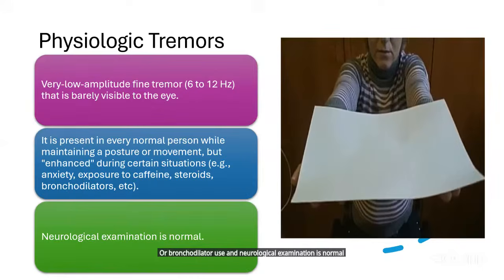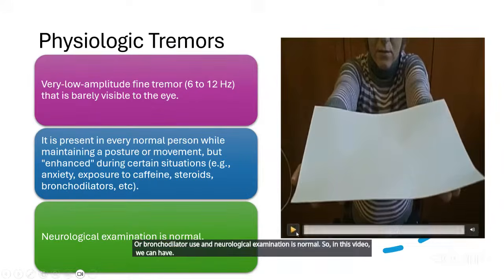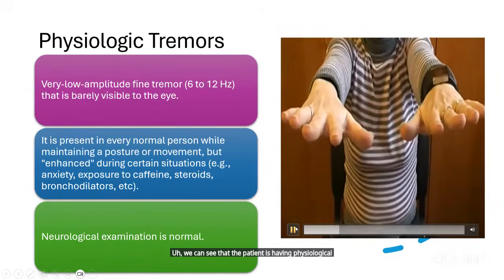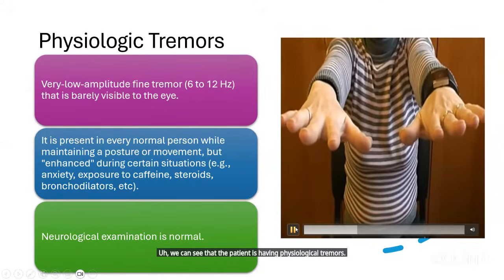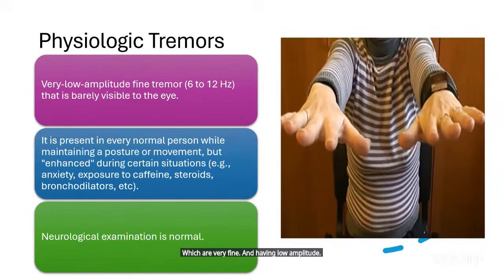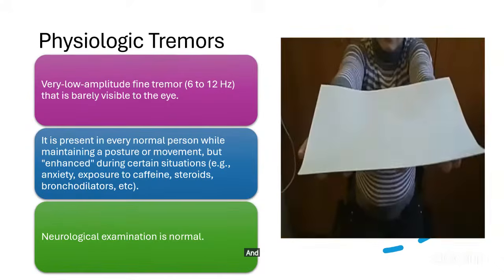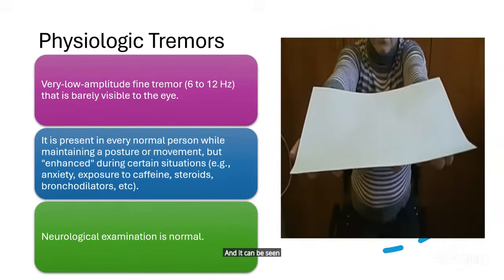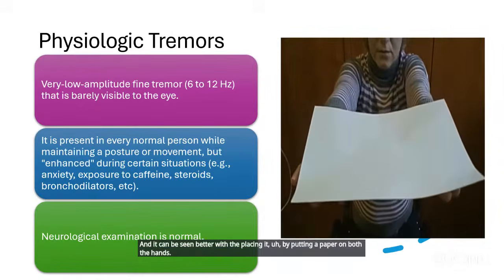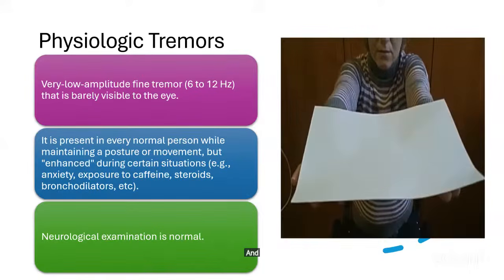In this video, we can see that the patient is having physiological tremors which are very fine and of low amplitude, and they can be seen better by putting a paper on both hands and looking at the movement of the paper.